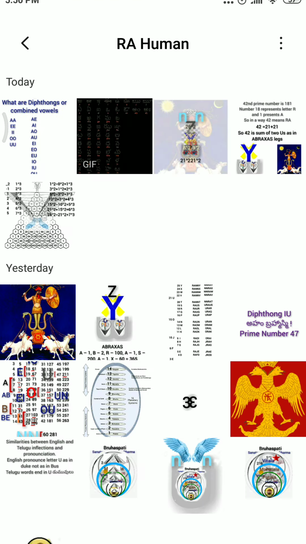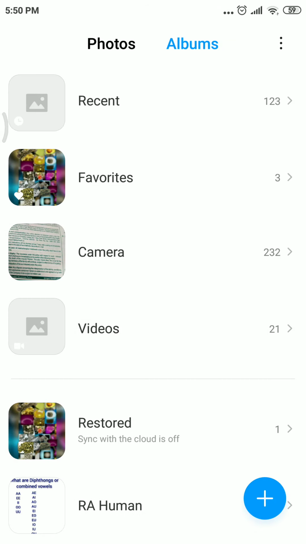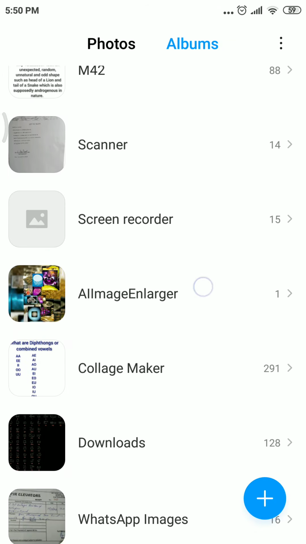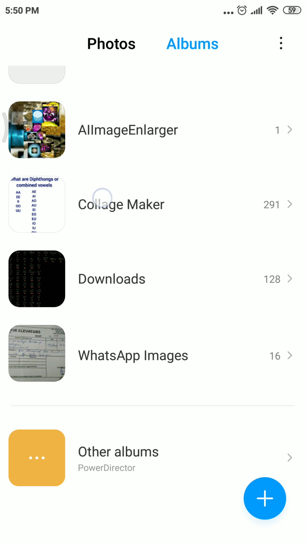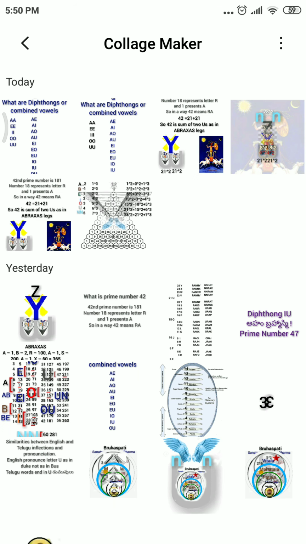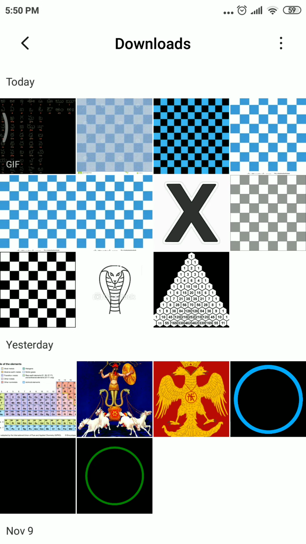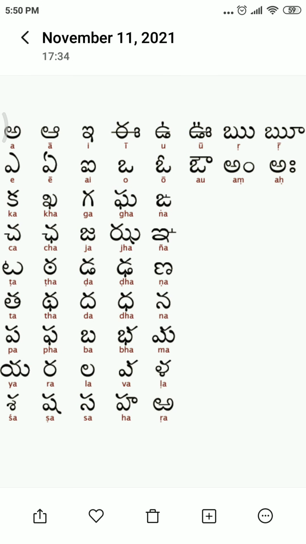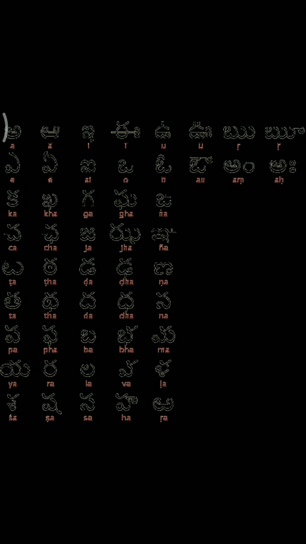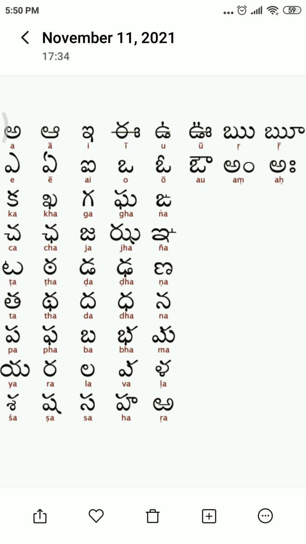So let me show you the vowels in my own language. Just please give me a second. These are the vowels in my language.